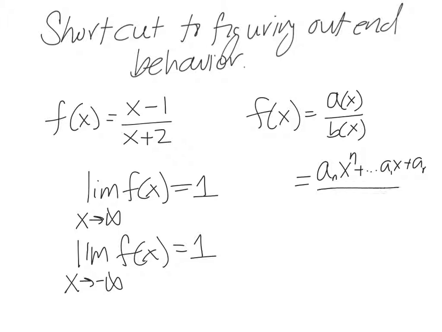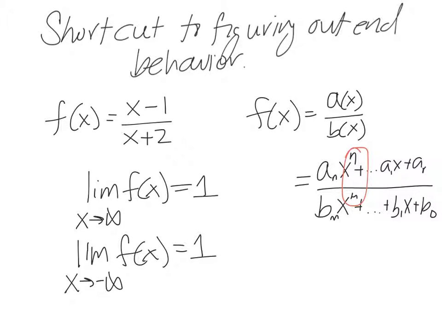If we see these as polynomial functions, and b sub m x to the m plus ... plus b sub 1 x plus b sub 0. If we see it like that, the real question becomes, what is the relationship between n and m? That's how you're going to get end behavior fast.